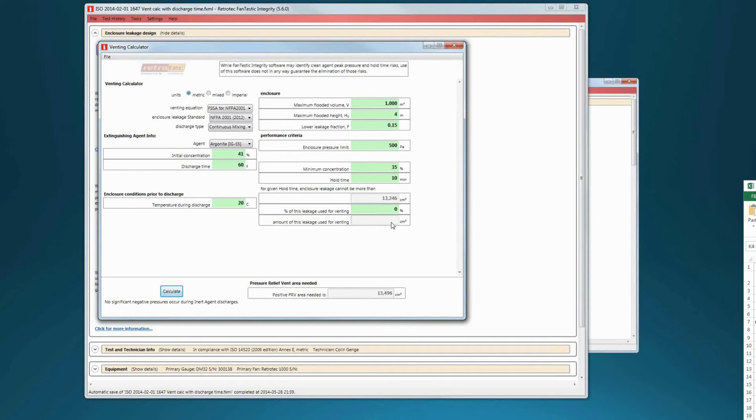So this is a great tool that can be used in the design phase in order to look at different parameters and to adjust the enclosure pressure limit, where in some cases people say, oh, I want the enclosure pressure limit to be 100.